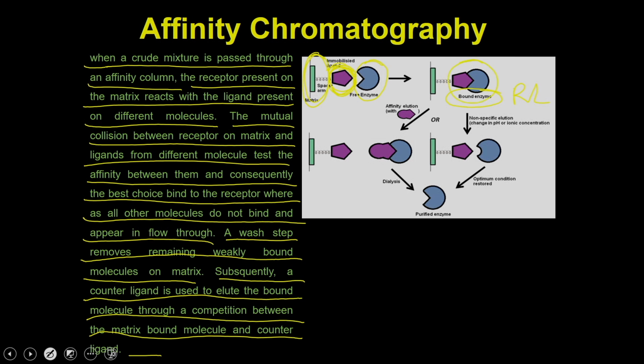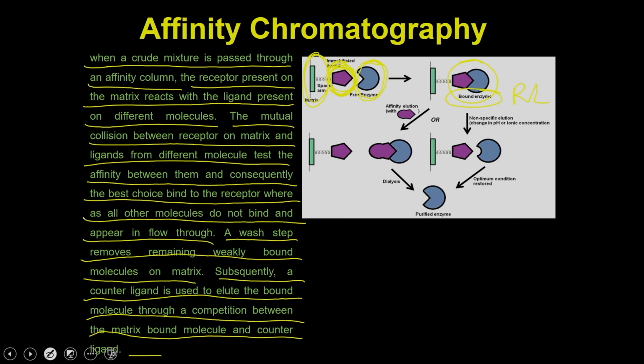You can imagine that different types of enzymes may have a similar kind of active site but with subtle differences, and because of that this ligand is only going to recognize this enzyme and form the receptor-ligand complex. Now, after this you have two options.